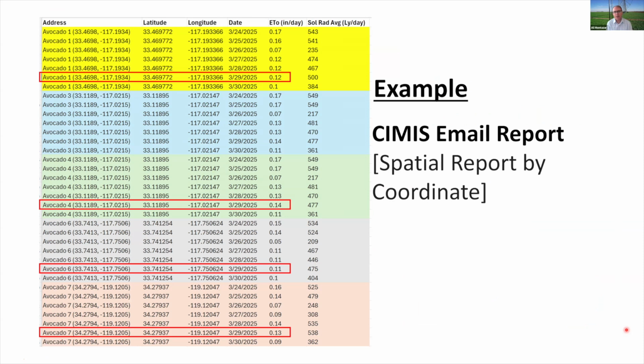Avocado site 1, 0.12 inch a day, site 4, 0.14, site 6, 0.11 inch a day, and site 7, 0.13. Those differences need to be considered for irrigation management and scheduling.